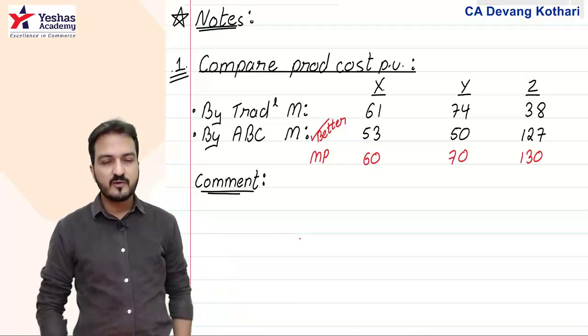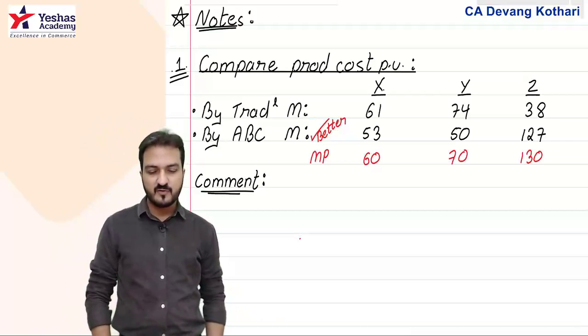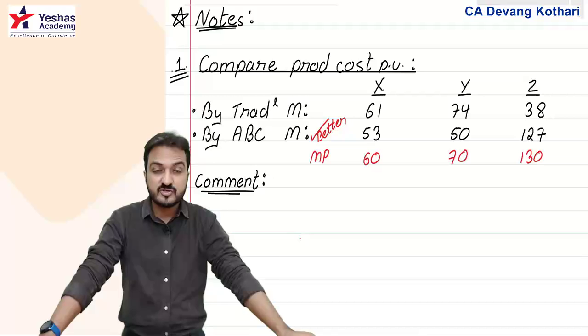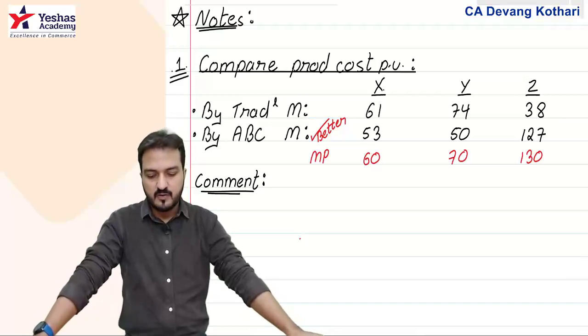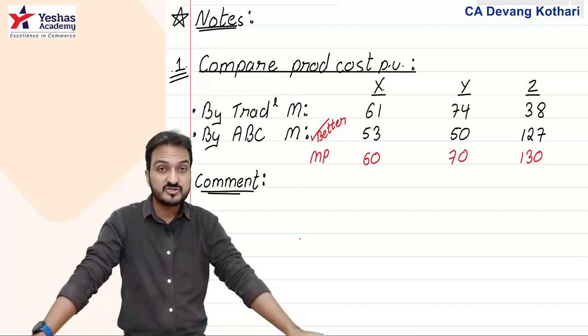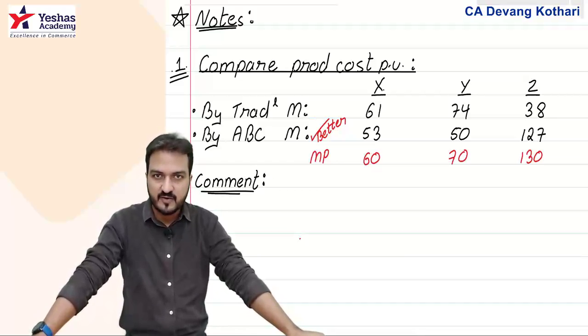Next paragraph. For product Z, traditional method gives a lesser cost estimate.